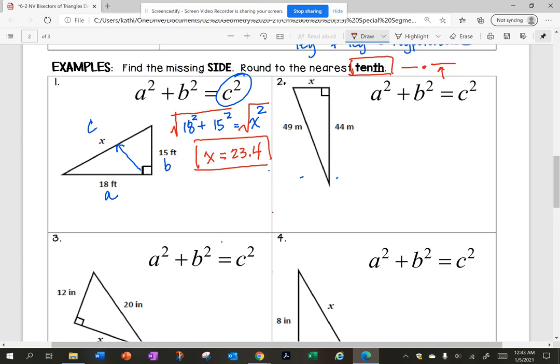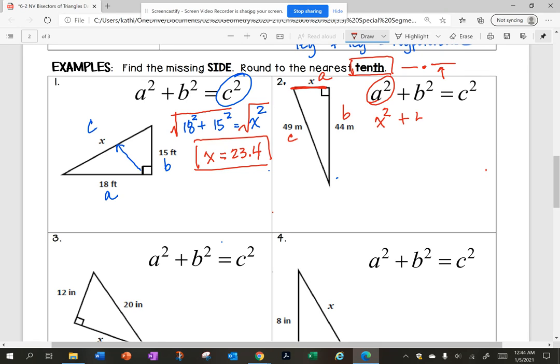All right, let's look at number 2. This time x is forming the right angle, so I am looking for either a or b. It doesn't matter whether I call it a or b. So I'm going to say I'm looking for a in this example. So substituting in my equation, I get x squared. Here's my other leg b, and here's my hypotenuse c.